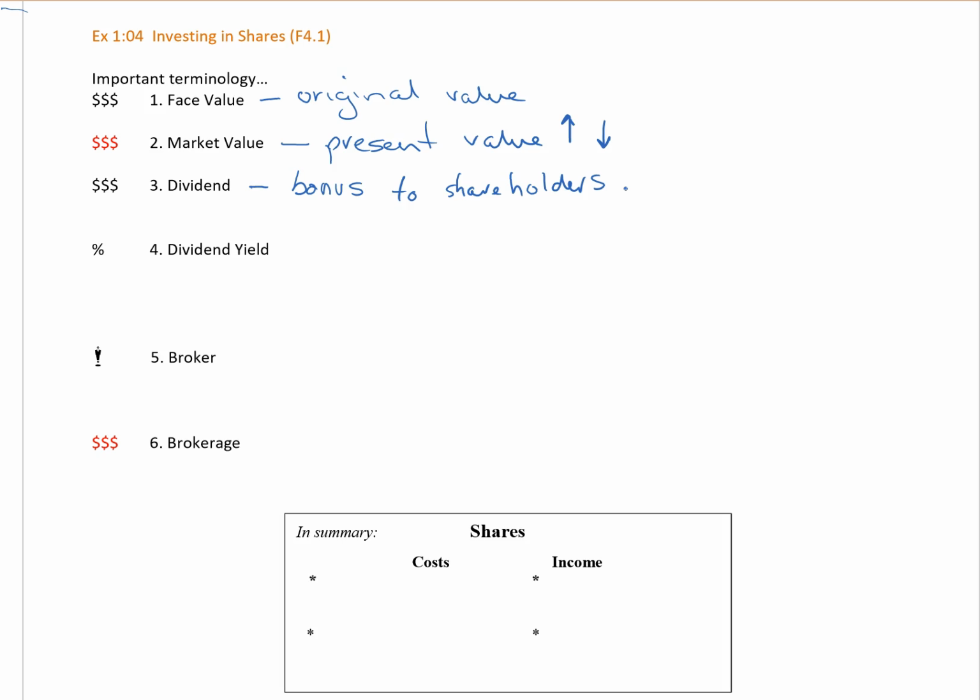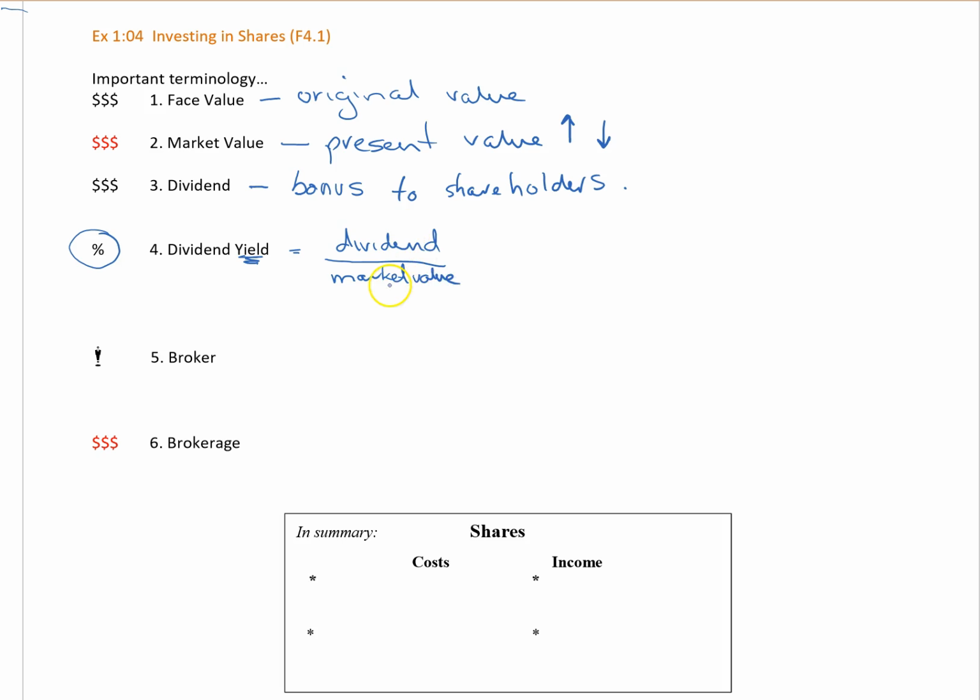The dividend yield just means percentage. The yield is calculated by taking the actual dividend, putting it over the market value.